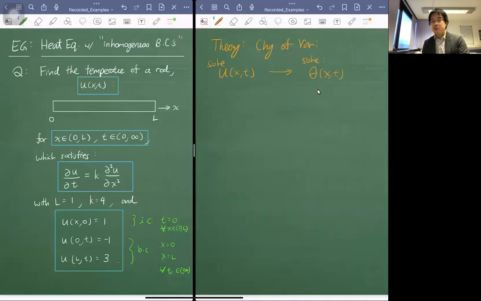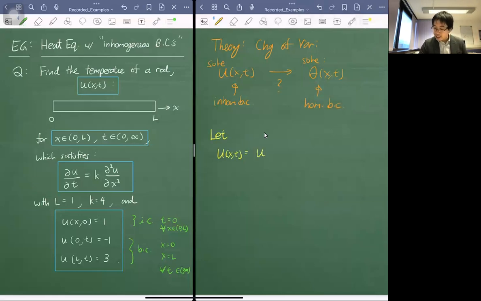Since this has inhomogeneous boundary conditions, we want to shift and change the variables to something with homogeneous boundary conditions. Okay, so what is the relationship between them, right? So let's find out. And here is the trick. The idea is to break it down and let u of x, t equal 2 parts.